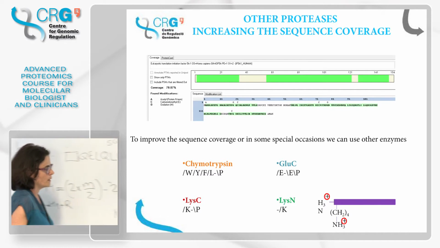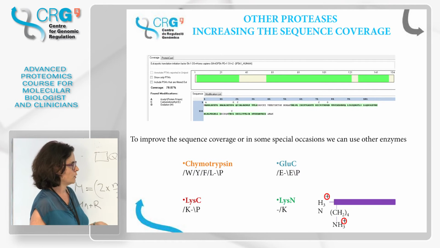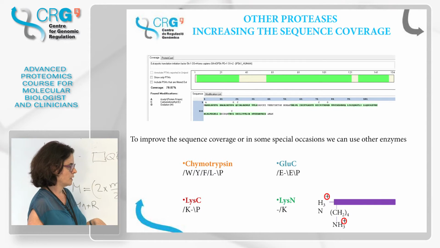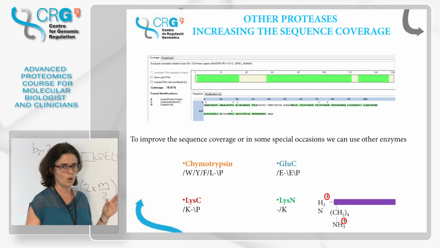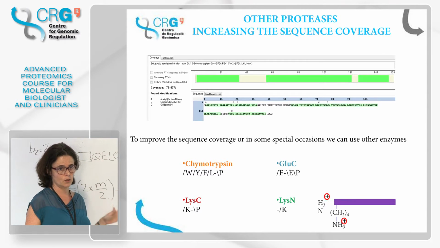The most common enzymes that are used instead of trypsin are chymotrypsin, which cuts after tryptophan, tyrosine, phenylalanine, and leucine, except if they are followed by proline. Glu-C, which cuts after glutamic acid. Lys-C, which is very similar to trypsin, but only cuts after lysine, not after arginine.